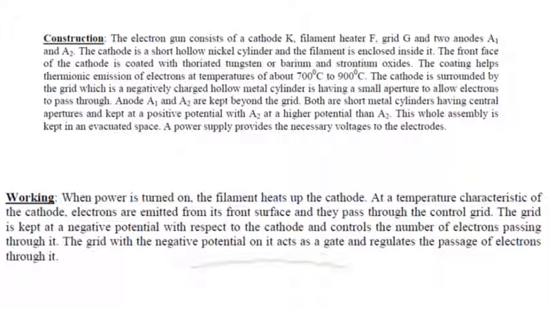As the cathode reaches its characteristic temperature, electrons are emitted through thermal emission. Now these electrons pass through the control grid. The grid is kept at a negative potential so that electrons move only in a particular region and it controls the number of electrons passing through it. The grid with a negative potential acts as a gate and regulates the passage of current.